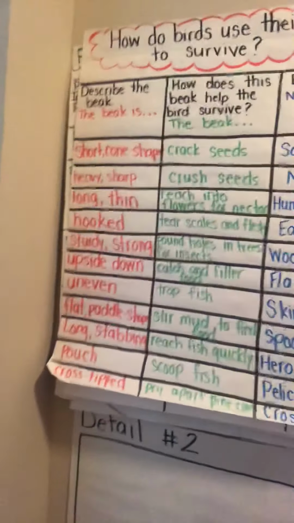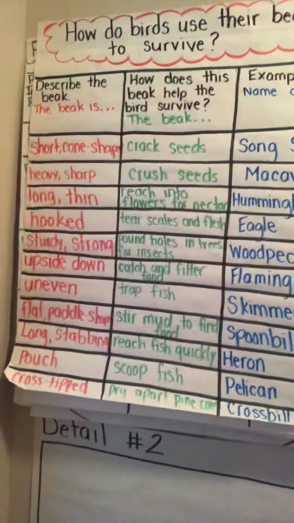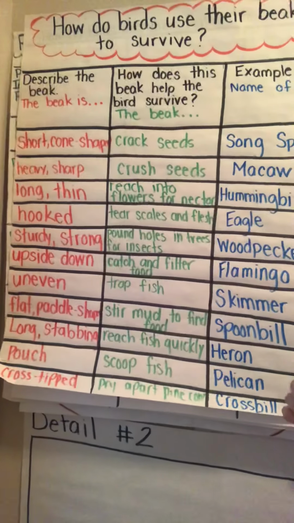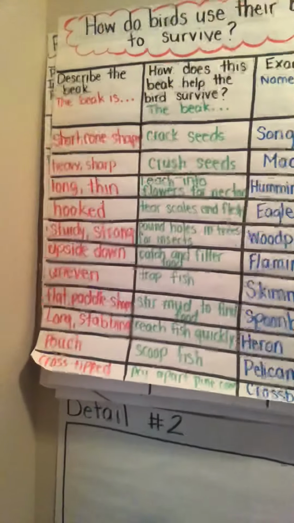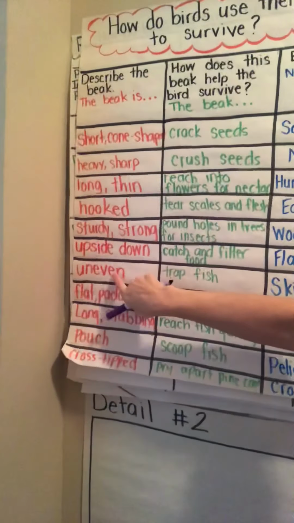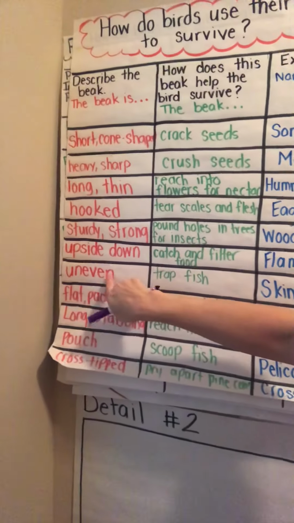So now today we're going to do the same thing, but we have to pick a different bird. So I can't do the eagle again. I just did that one for first detail. So now I'm going to look at our chart and think about which one do I want to do for my second detail. And I'm going to go with the skimmer. So again, our first part is we're using how we describe the beak. So it says uneven.